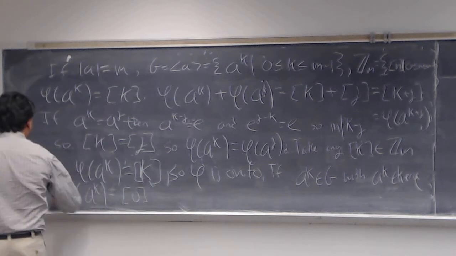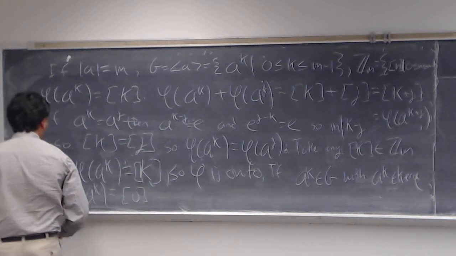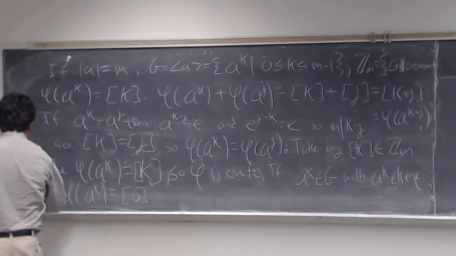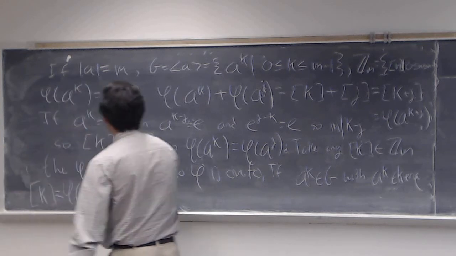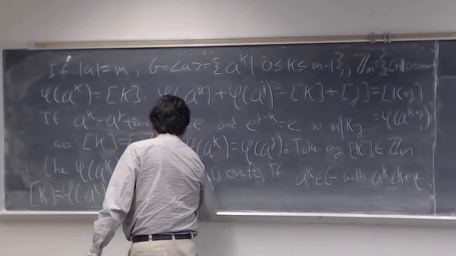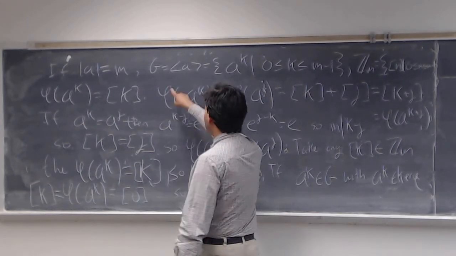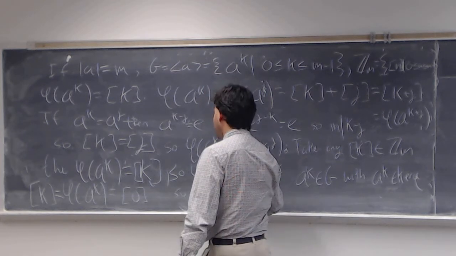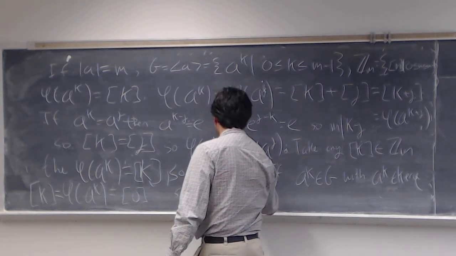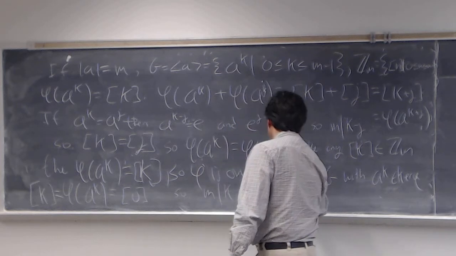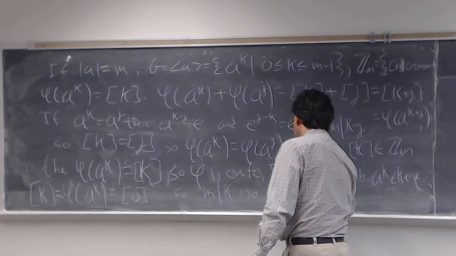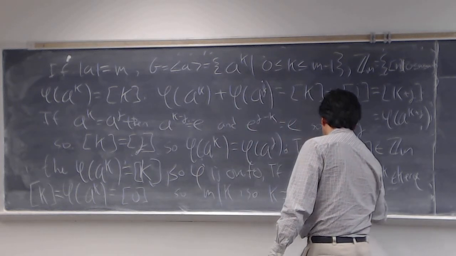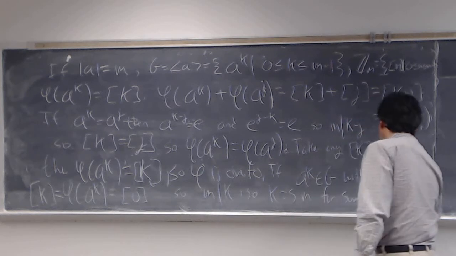But phi of a to the k, by definition, is just the equivalence class of k. So the equivalence class of k is equal to 0, so that tells us m, the modulus of the integers mod m, must divide k. So k equals s times m for some integer s.